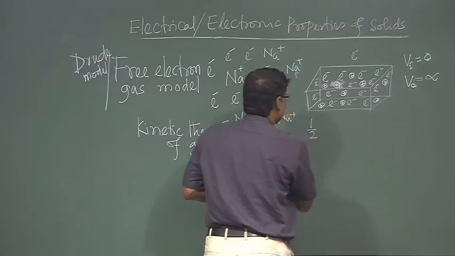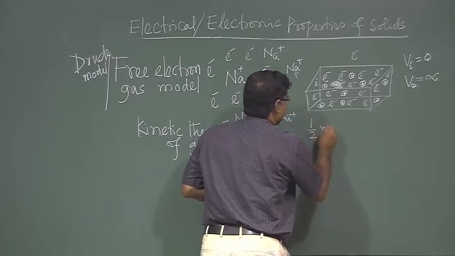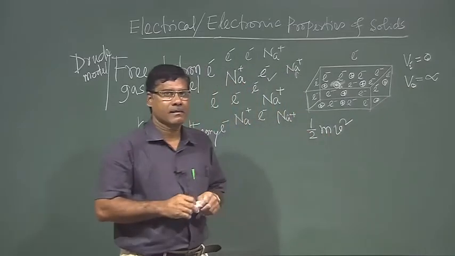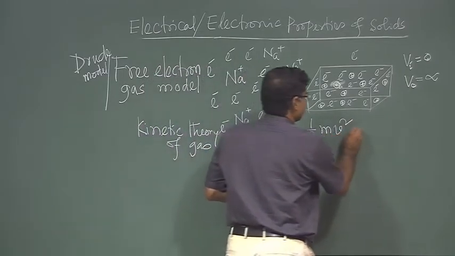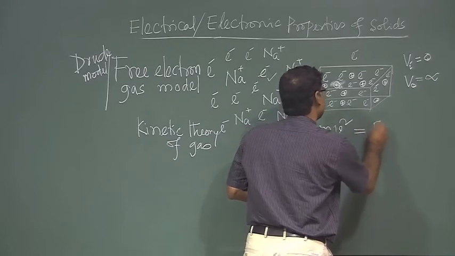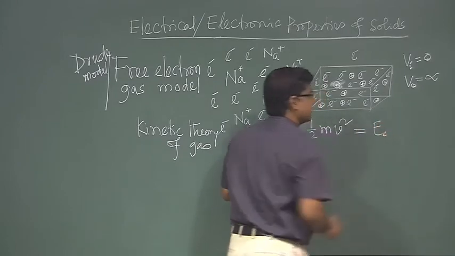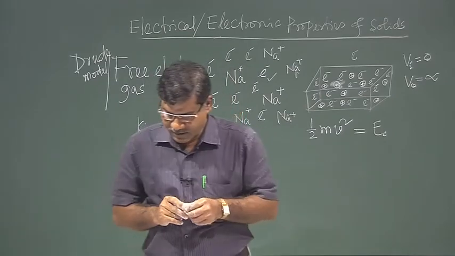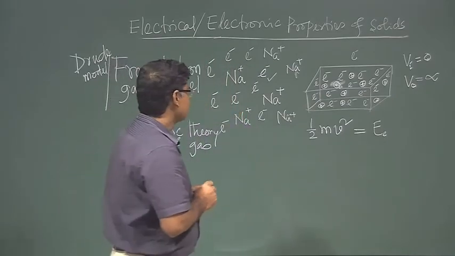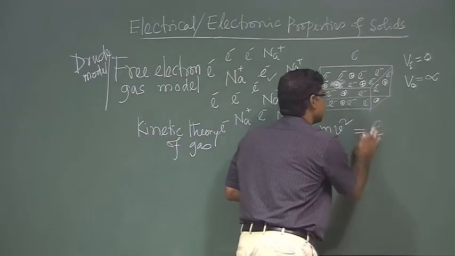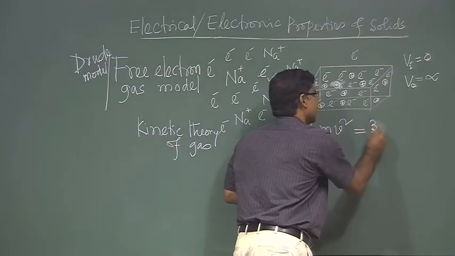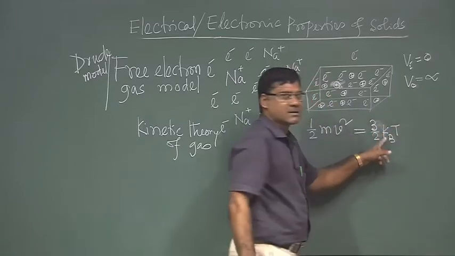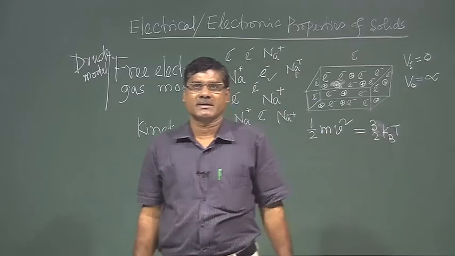From kinetic theory, this kinetic energy is half m v square. That is the energy of each electron, and from kinetic theory one can write that this energy is basically 3 by 2 k_B T, where k_B is the Boltzmann constant and T is temperature.